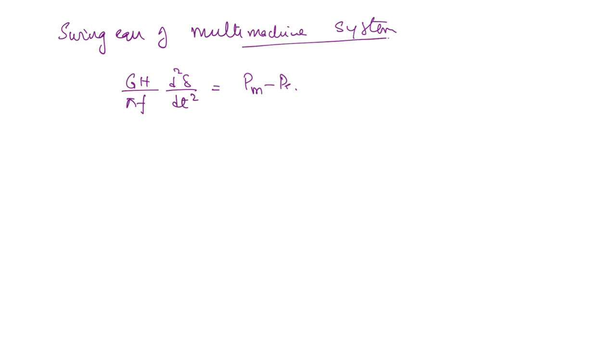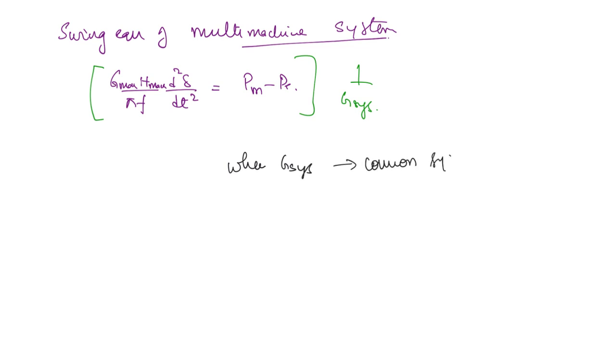Now instead of dividing by the machine rating, so I will write here, this is the machine rating, and H also belongs to a particular machine, right? Now this entire equation, if you divide by the system MVA, then you are going to get the swing equation in the common base MVA. So that's the only difference. So here you also write down, just in case you forget it, G system is the common system base.